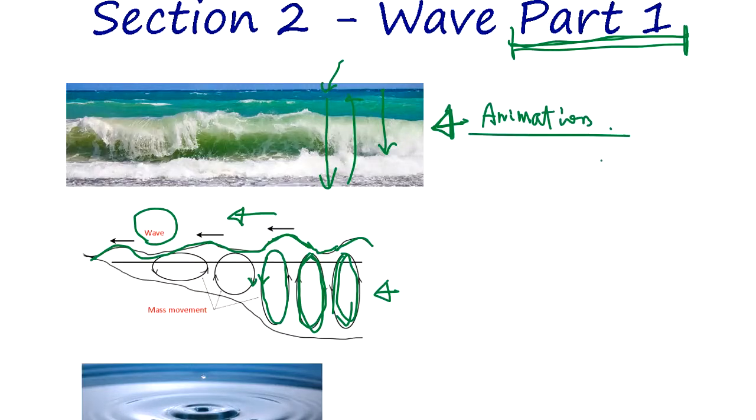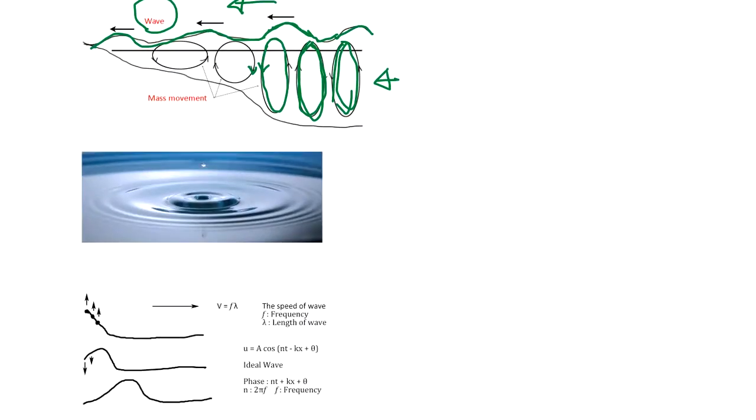Now, when you drop something in the water, there's a ripple. The ripple goes out, and it moves as if it's moving from the center to the periphery. But actually it's not.